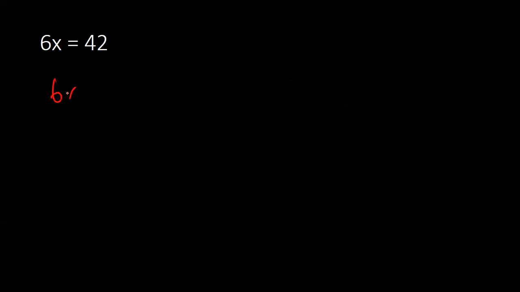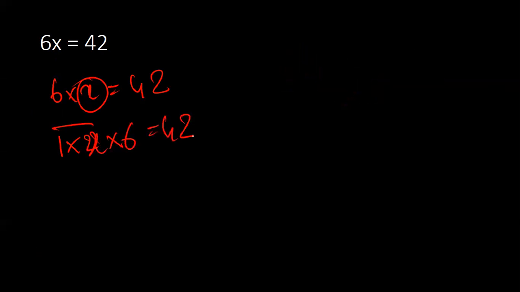So here 6 into x gives me 42. I need to find the value of x. So what will I do here is I want to isolate x, and so I want to bring a 1. I can write this as 1 into x. 1 into x into 6 gives 42.